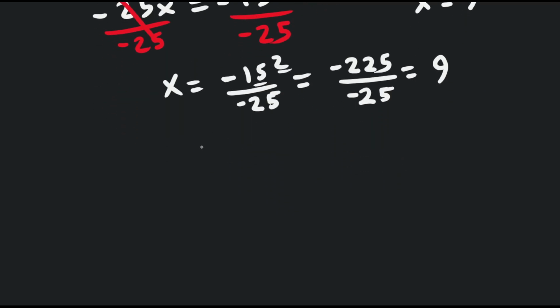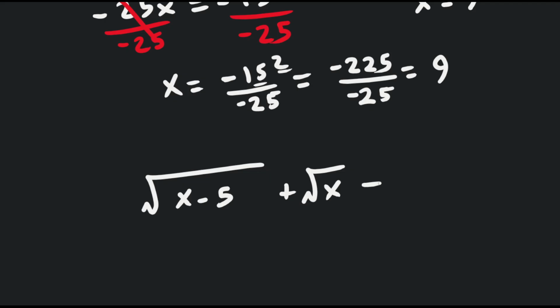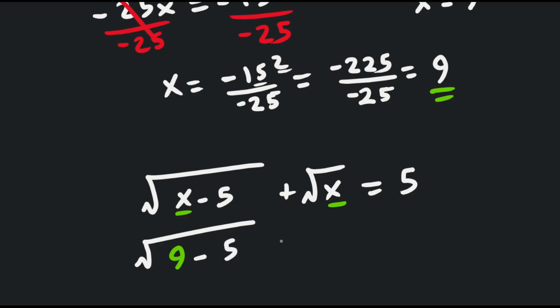So radical x minus 5 plus radical x equals 5. And we are going to test this 9 right here. So let's substitute x for 9. So right here we have radical 9 minus 5 plus radical 9, instead of radical x, equals 5.